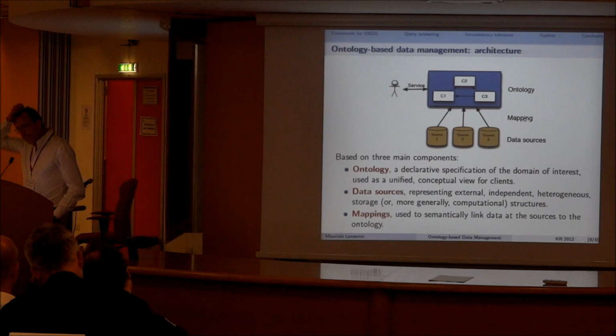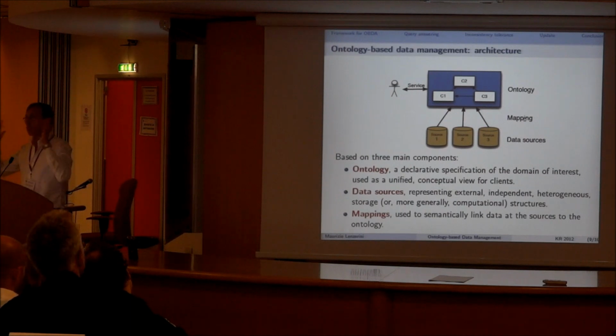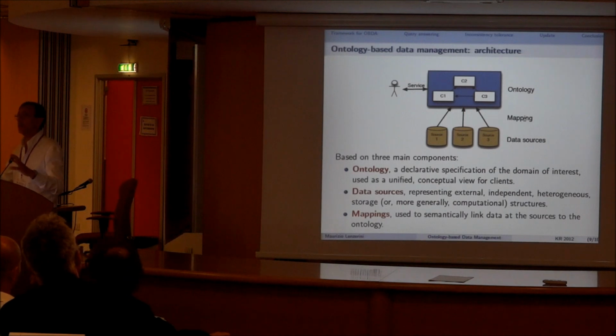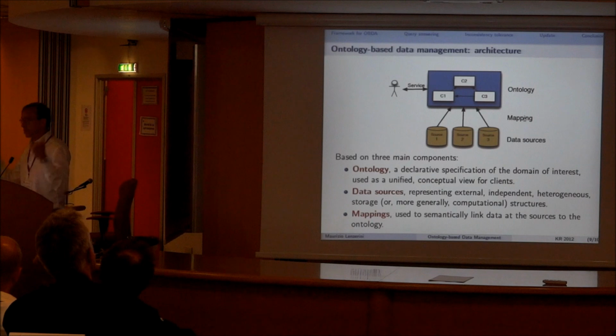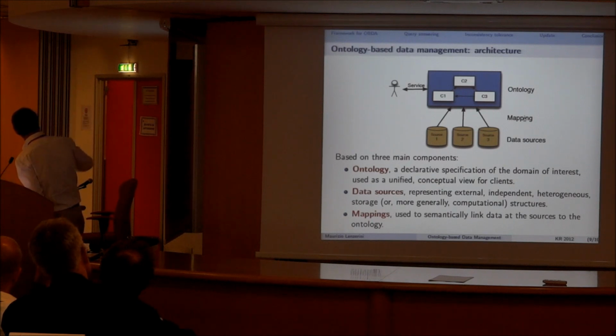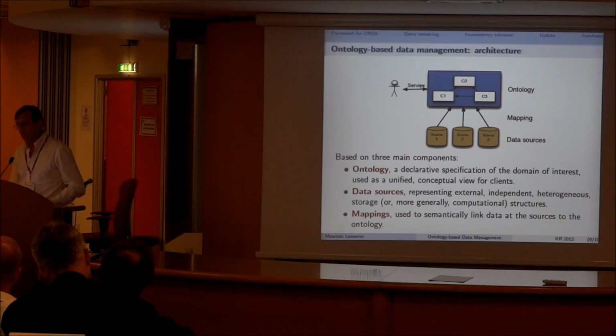So what is the idea then of ontology-based data management? It can be summarized as follows. You have your data sources, you leave the data sources as they are, you build an ontology, which is a conceptual representation of the domain of interest, and you build a mapping. So that then a user can interact with the data by means of the ontology, for example, by querying the ontology.